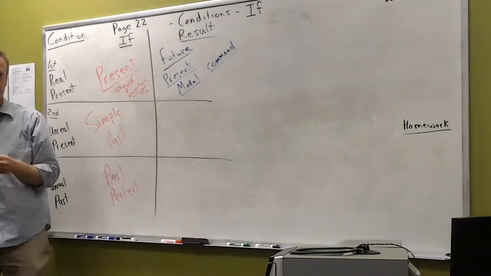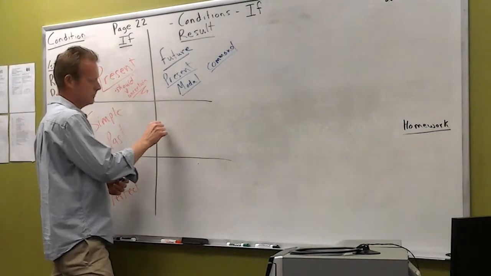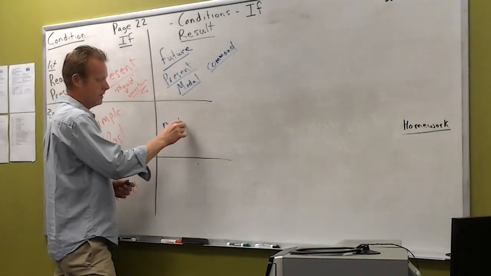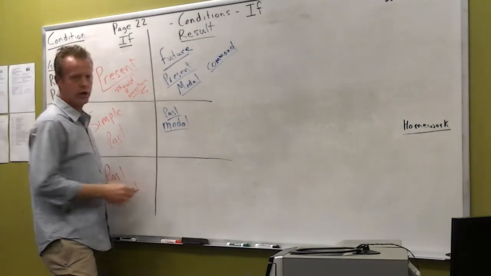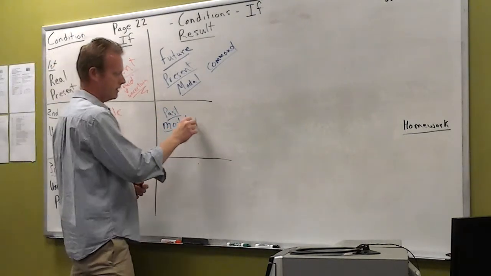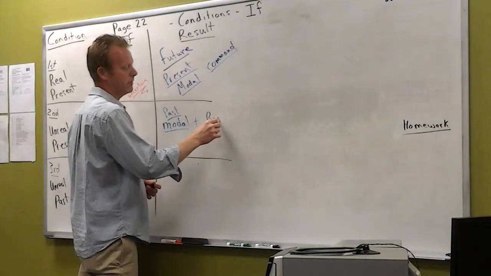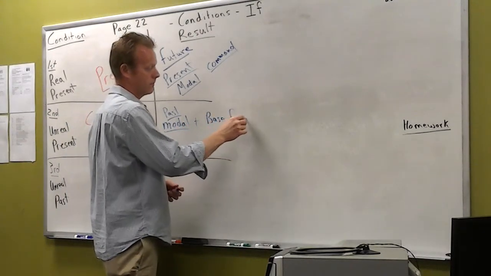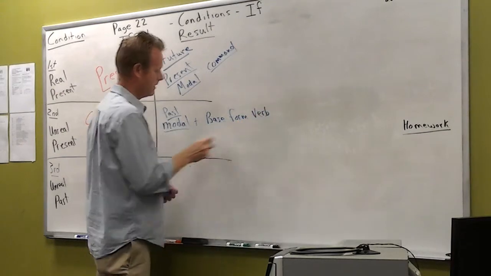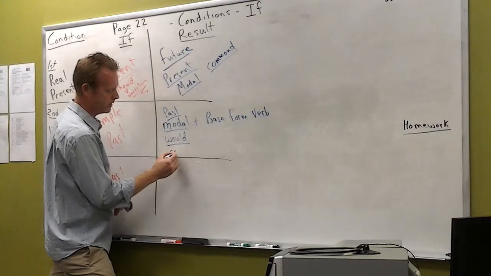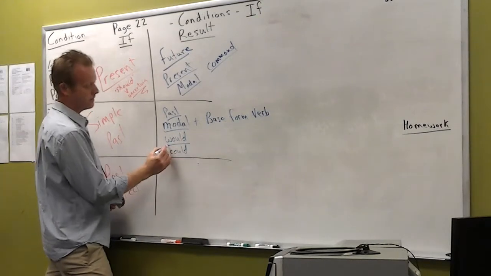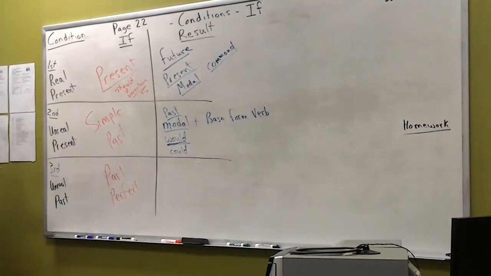You need a past modal, like a would, a should, a could, plus the base form of the verb. Usually it's a would or a could plus the base form of the verb. We're going to get lots of examples of these in a minute when we come back from the break, probably.